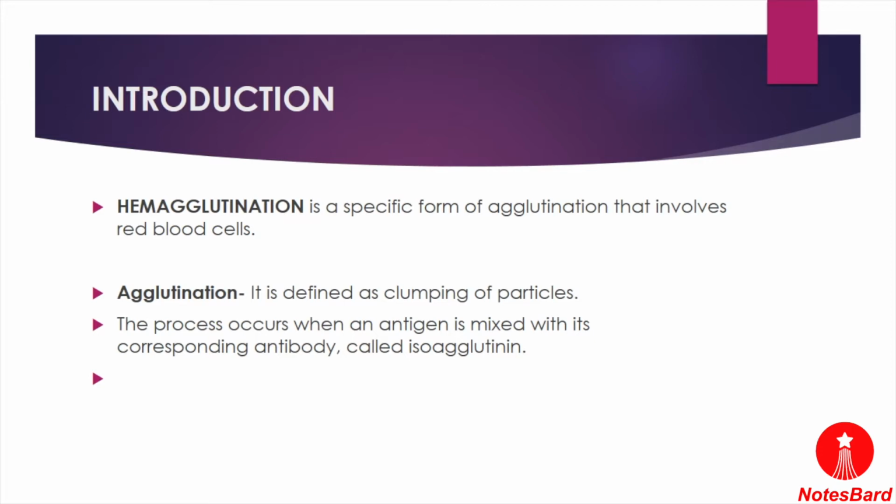In biological processes, agglutination occurs when any antigen is mixed with its corresponding antibody and the antigen or antibody particles clump with each other, and this process is known as agglutination. When agglutination involves the red blood cells, this phenomenon is known as hemagglutination.